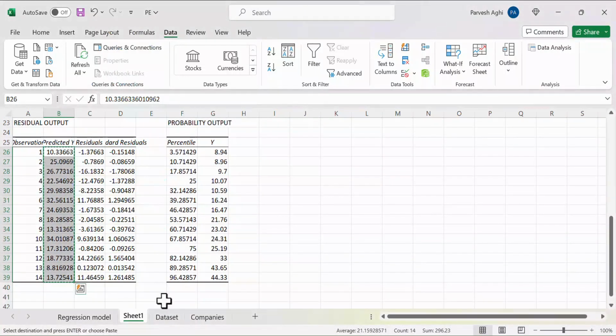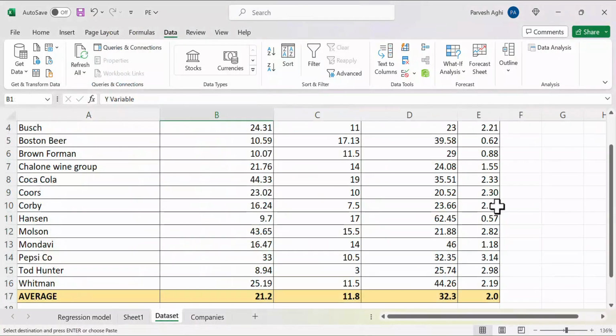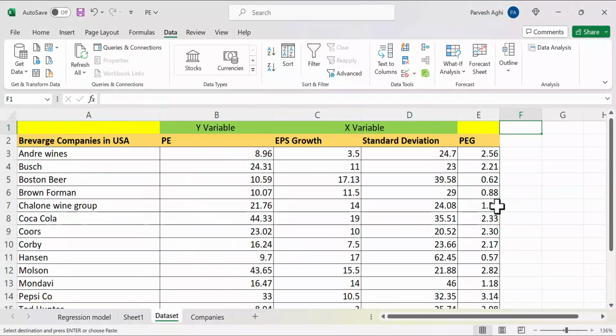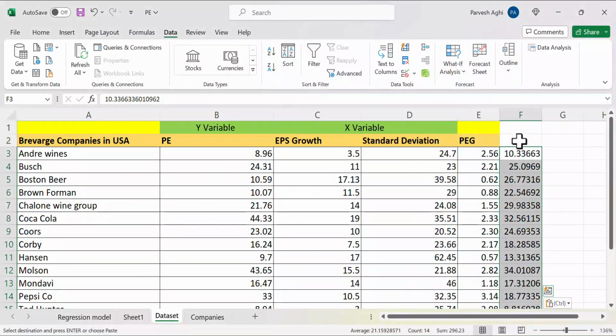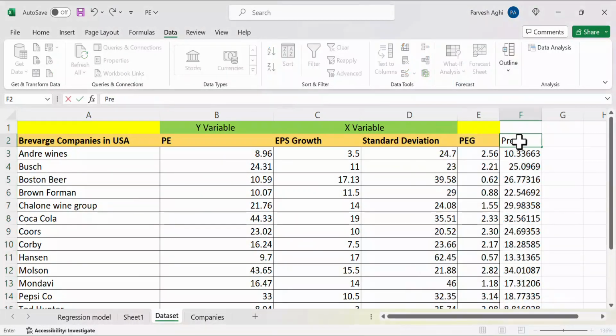Copy this and paste here. So this is the predicted P ratio which we have got. And call this predicted PE ratio.